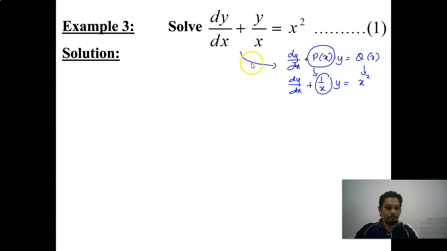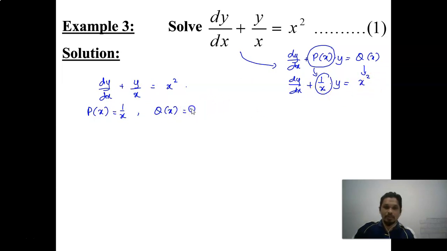Okay, let's try. We list down p(x), which is 1 over x, and q(x) equal to x squared.